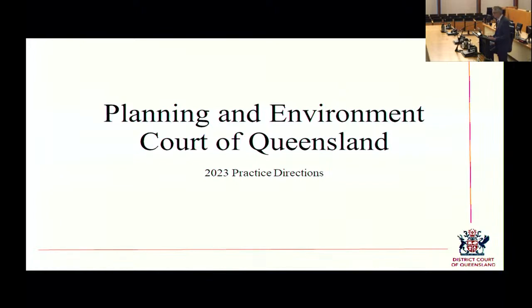Subsection 2 of Section 10 provides that the parties to P&E Court proceedings impliedly undertake to the court and each other to proceed in an expeditious way. The first part of that, the court's part, is the first reason for the new practice directions. And you'll see reference to Section 10 in the practice directions.